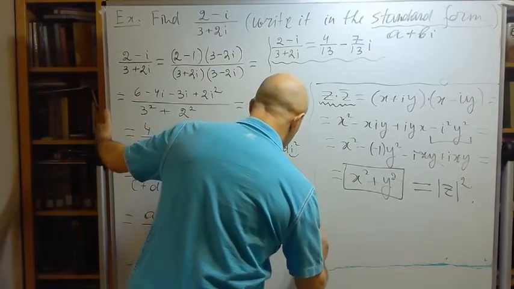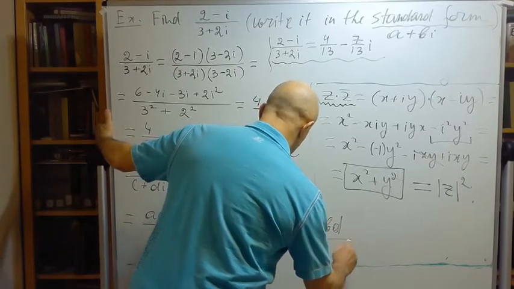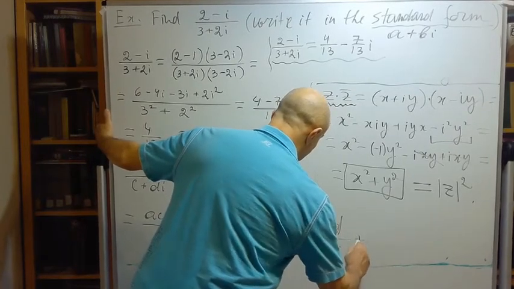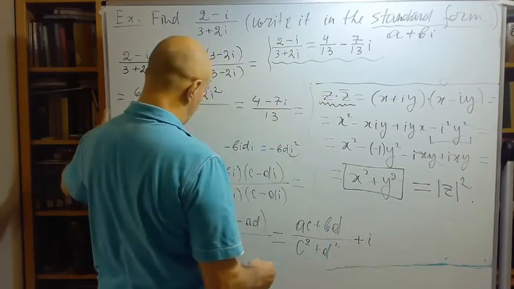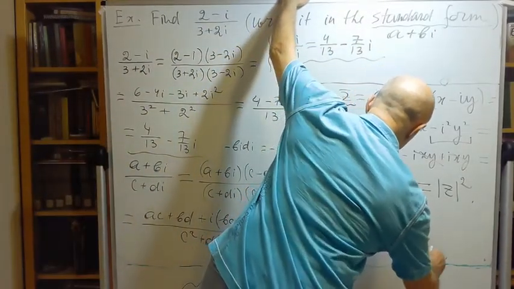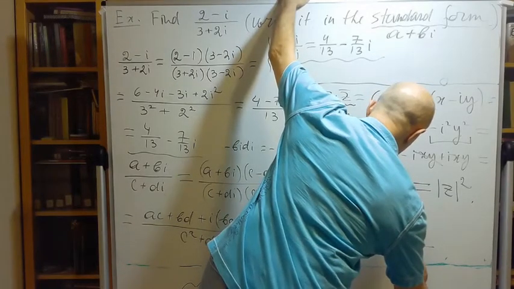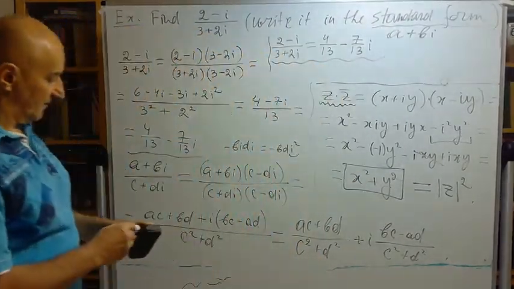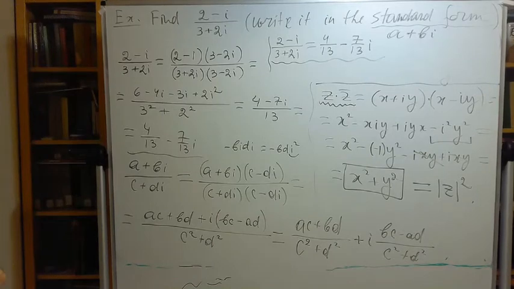It will be (ac plus bd) divided by (c squared plus d squared) plus I multiplied by (bc minus ad) divided by (c squared plus d squared). This way we have an easy expression for the division. Of course, you don't have to memorize it. Whenever you have to perform the division, just multiply by and divide by the conjugate to the denominator. And you will get the right result.